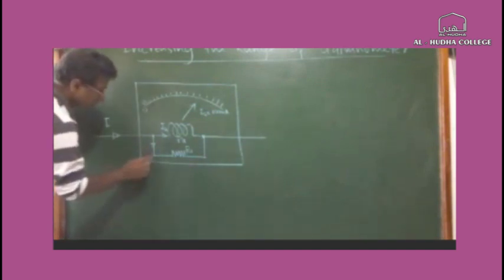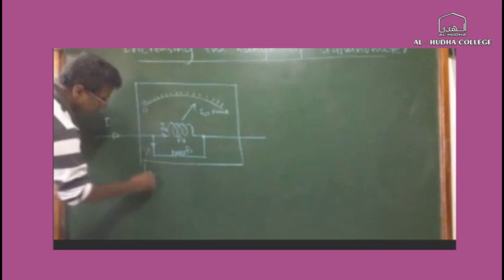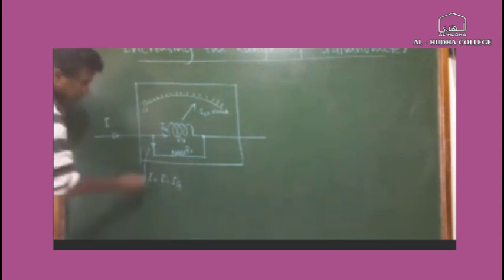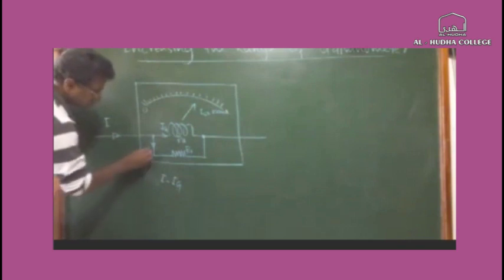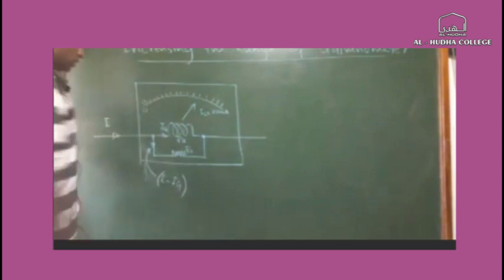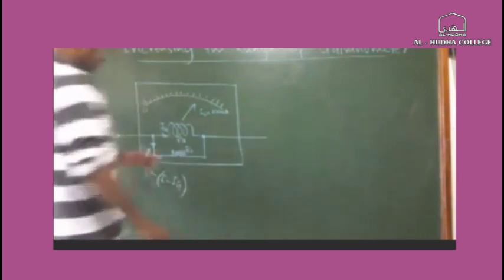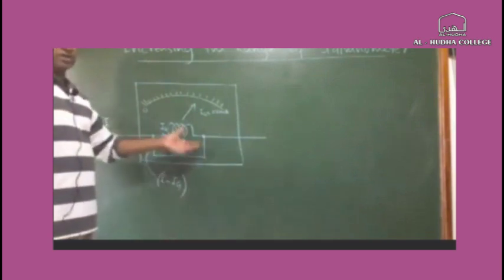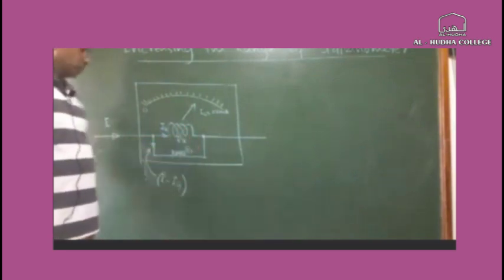Make it clearly. So this current is I minus Ig, right? Now we have to calculate the value of Rs that should be connected in parallel, right?